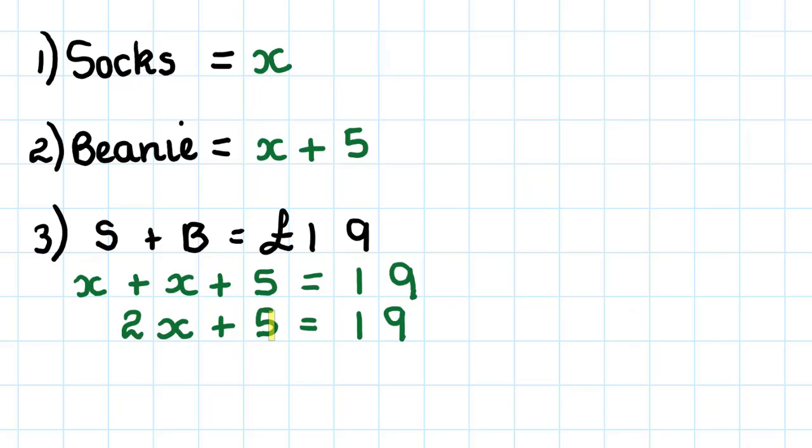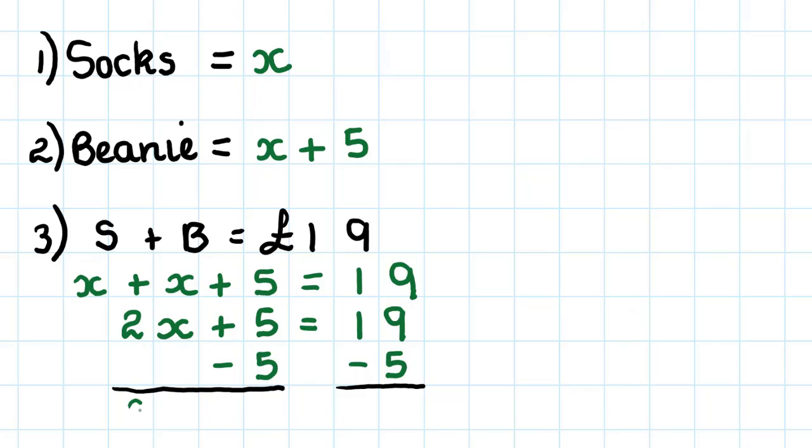It's a plus 5, so we need to take 5 away from both sides of the equation because we want the x's on their own. So take 5 away. Minus 5, minus 5. We've taken 5 away from both sides of the equation, and we'll just draw a line underneath.